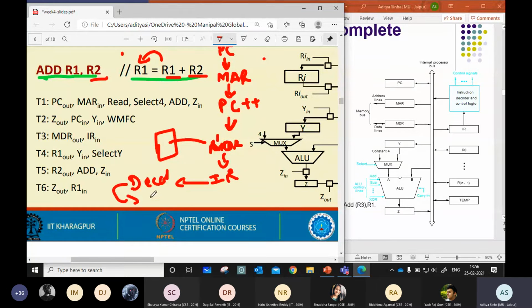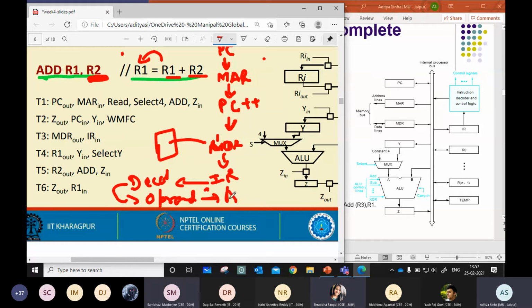After decoding, it checks whether all the operands are available or not. If the operand is not there, then it will fetch the operand. If it's there, then it's okay. Where will this data be sent? MDR. Are you sure? Yes, sir. For this instruction, will the data from the instruction register with the operand go into MDR?